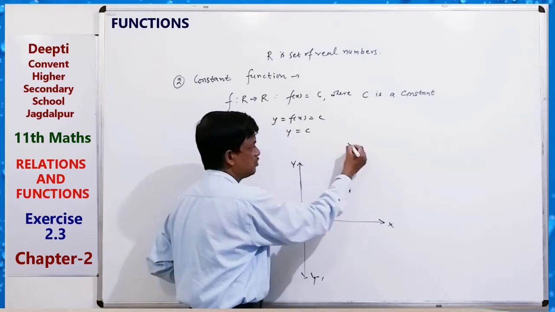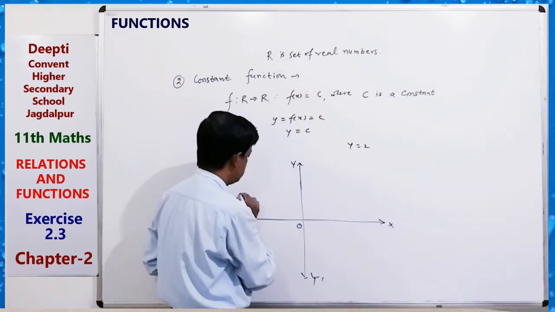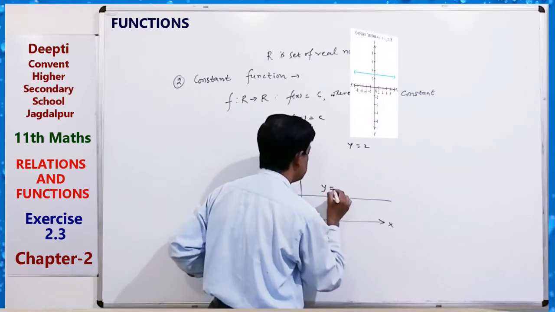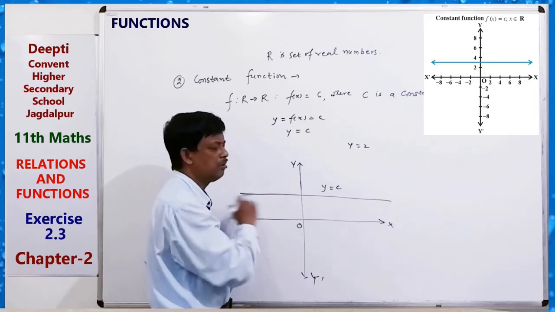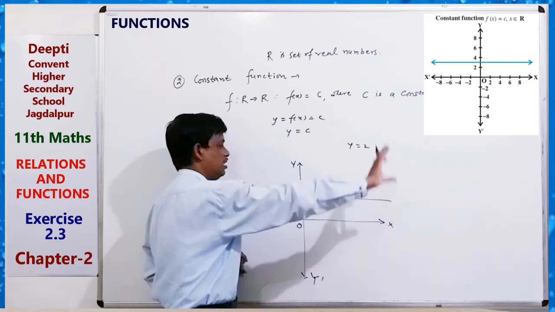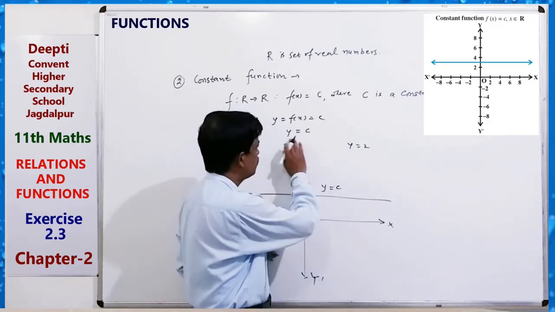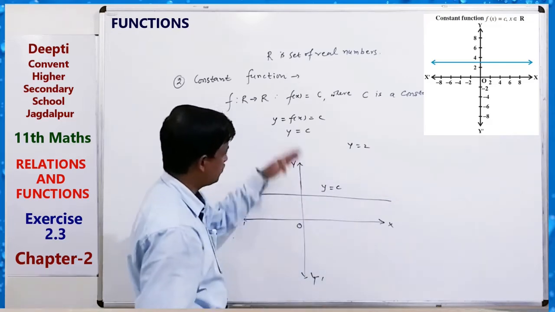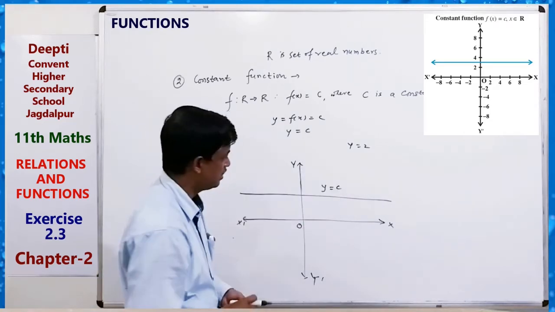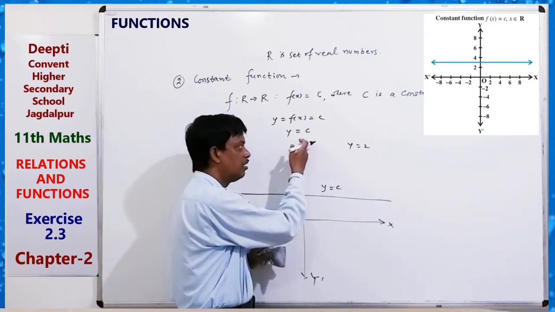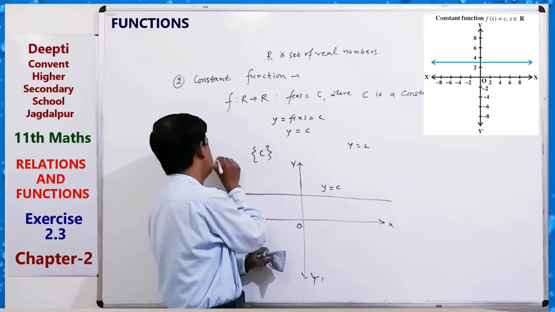Suppose C is 2, y equals 2, always 2. y equals 3, always 3. So y equals a constant. Suppose this value is C distance, y equals C, always C, at any point of x. y equals a constant means a line parallel to the x-axis. Clear? So its range is only C, the singleton set {C}.